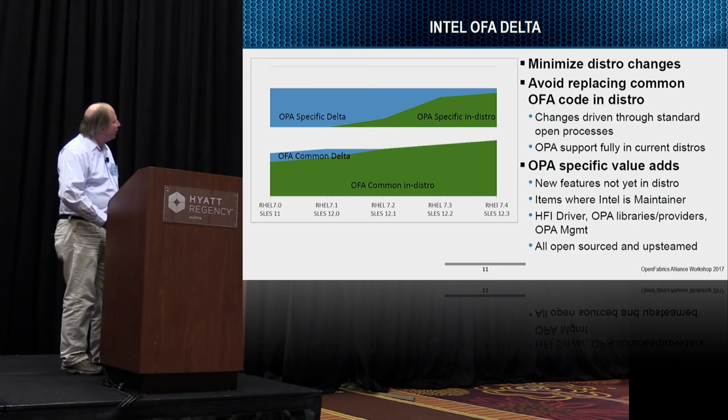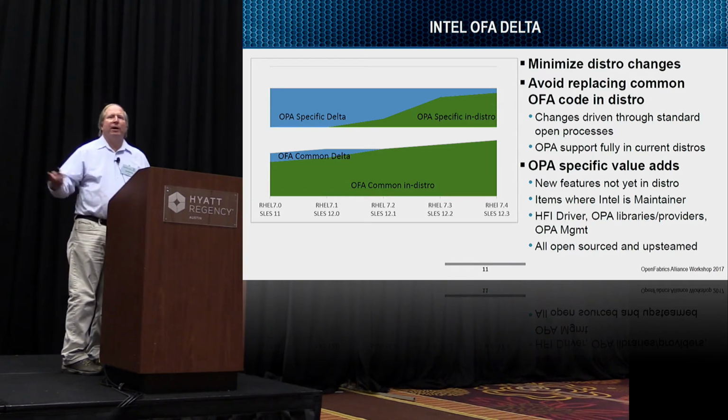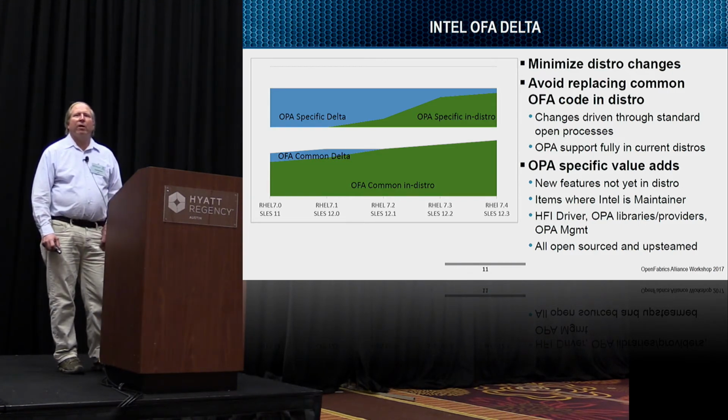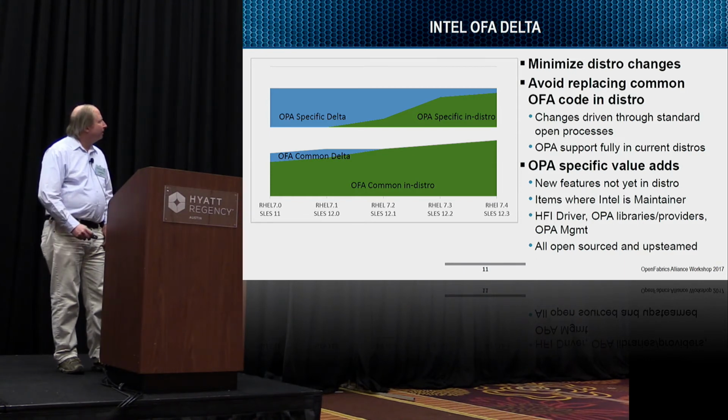Starting in 7.3, we had all of the features that we needed in the distro, so that was fully functional, but after 7.3 shipped, we still had some new features that we were developing. Once we hit this 7.3 plateau, the amount of things in our Omni-Path specific bucket is going to be non-zero, but relatively small, and the distros will continue to grow as they pull from upstream and have the forward-looking features coming out in a timely manner.